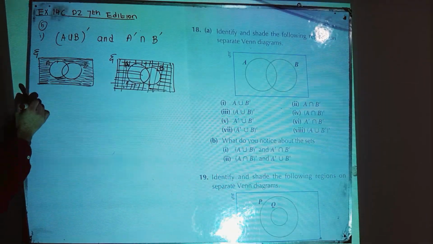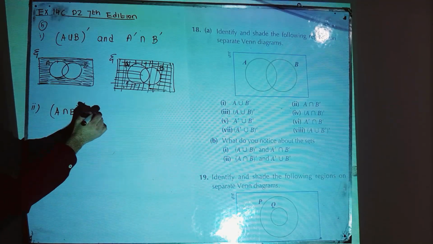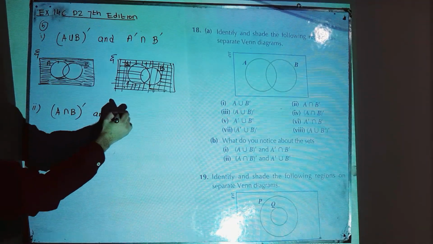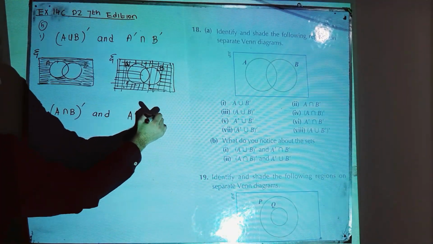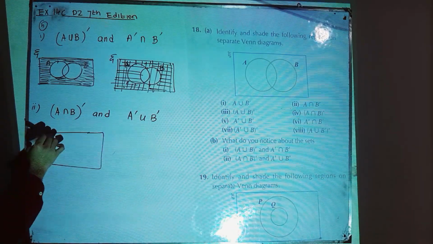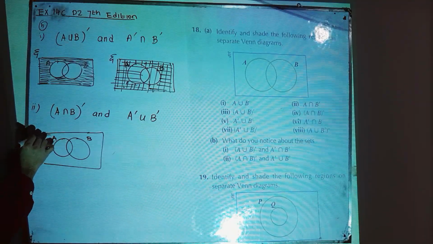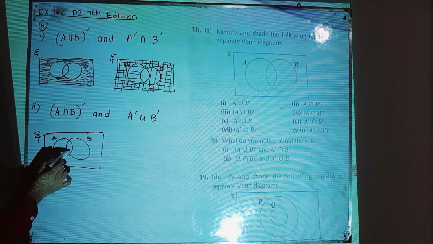Then what do you notice about (A intersection B) complement and A complement union B complement? Draw a Venn diagram for this one as well. This is set A, this is B, this is the universal set. A intersection B is this part.